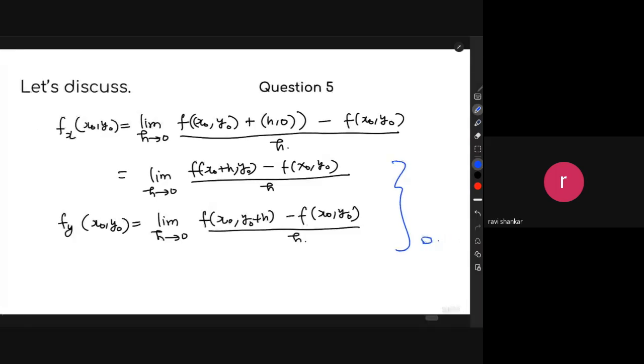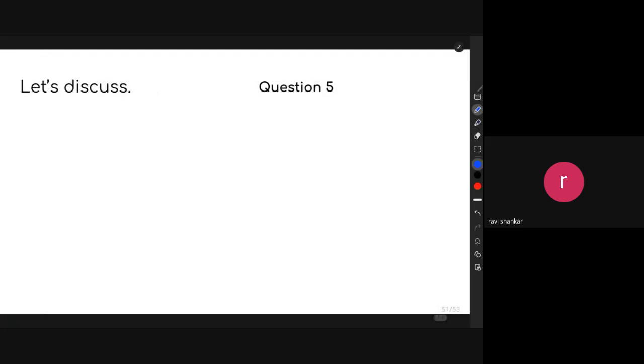Now let me give you an example. So if you start with f of xy defined to be, let's say, y square for all x y in R2.